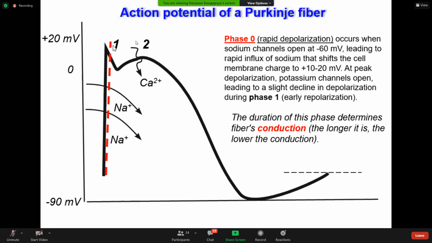At peak depolarization, potassium channels open, leading to a slight decline in depolarization during phase 1, early repolarization.